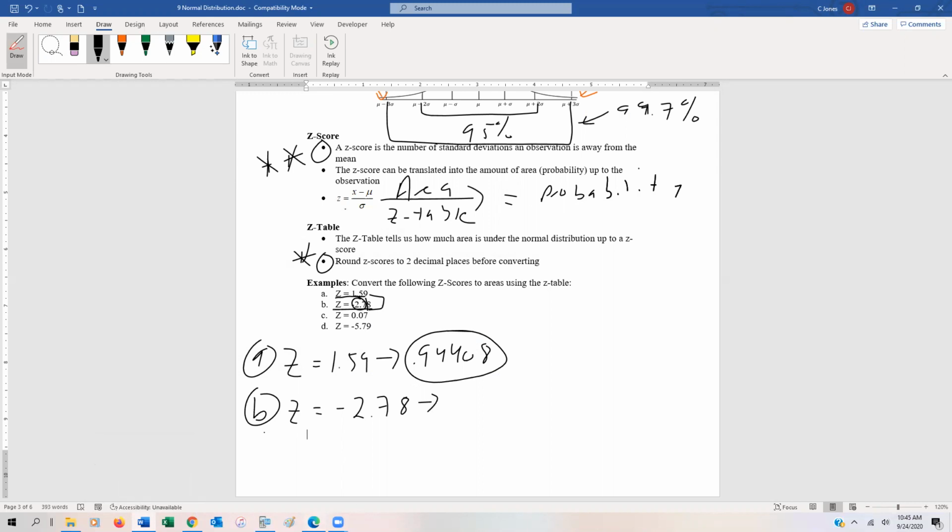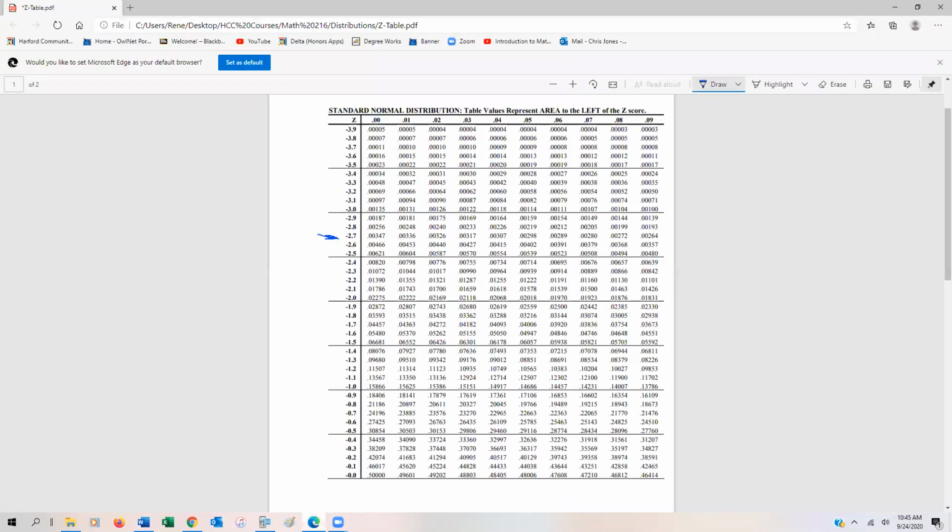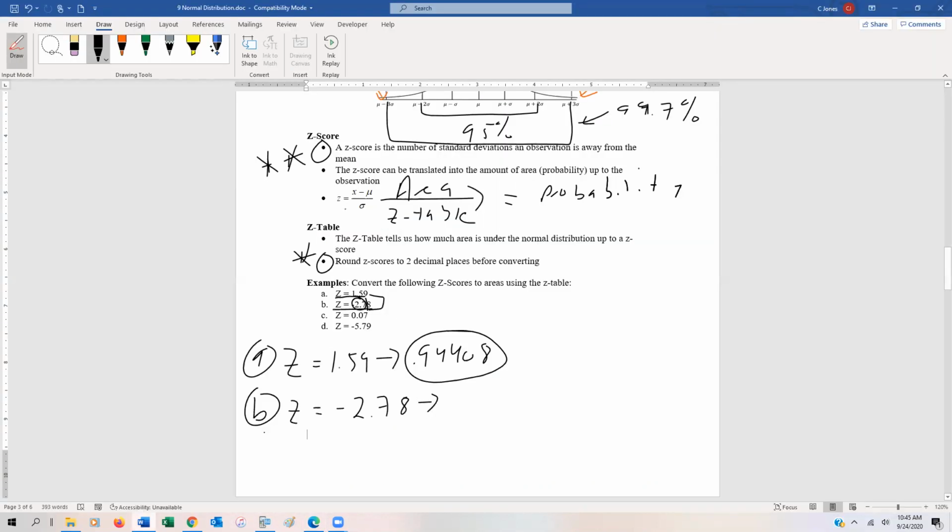So we go down to here, and all the way over to here, and that's going to be our lineup. So 0.00272. Great.